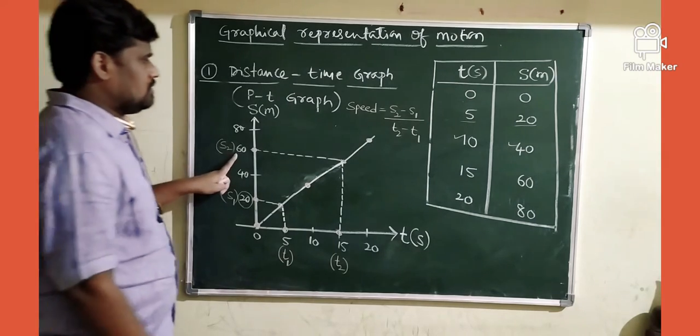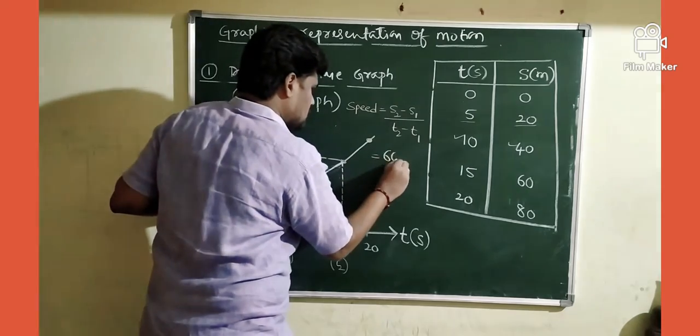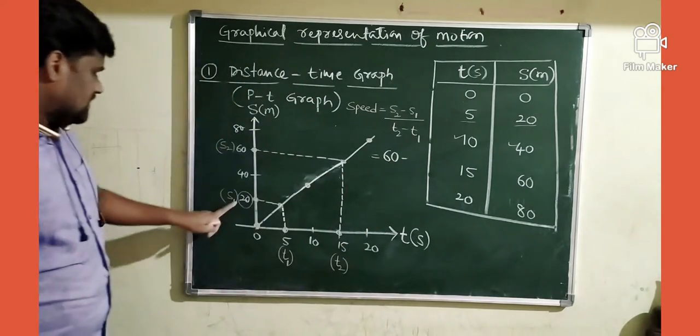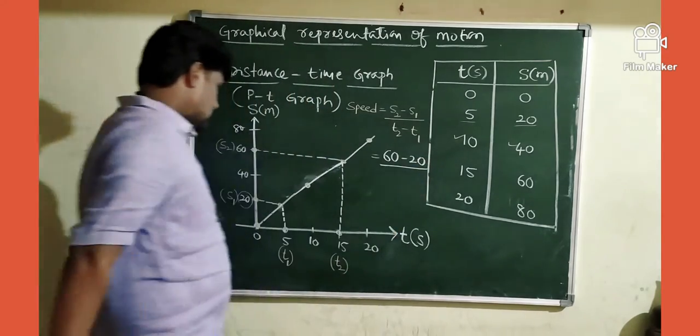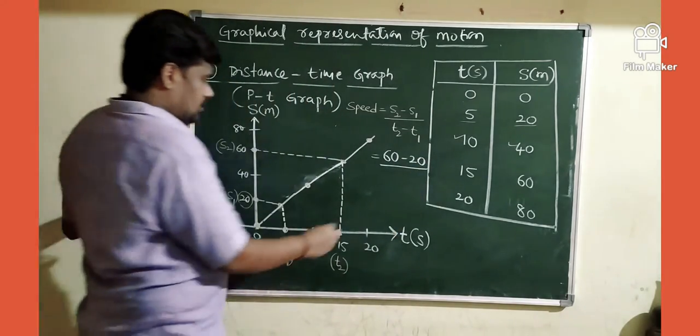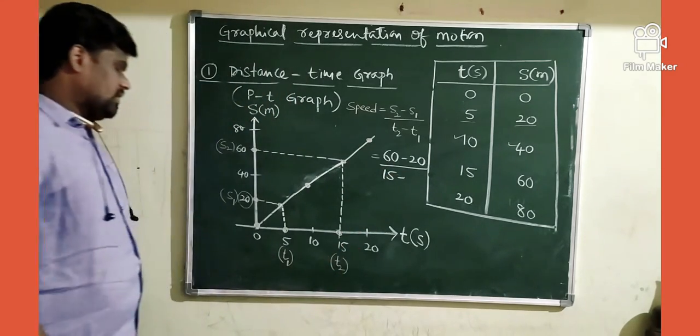Which is S2 here? That is 60. Minus, which is S1? That is 20. Divided by, what is T2? T2 is 15. Minus, what is T1?